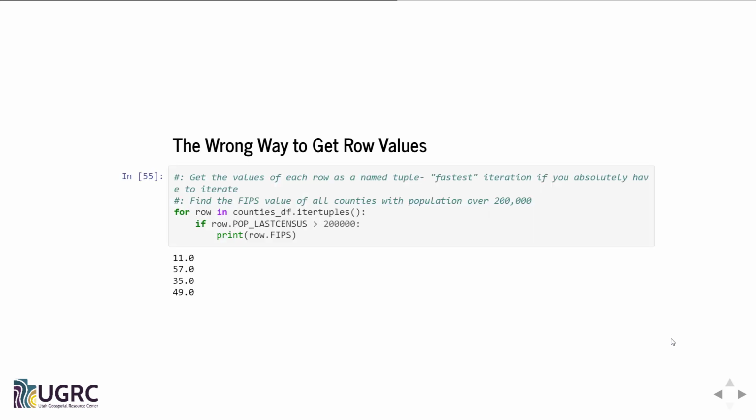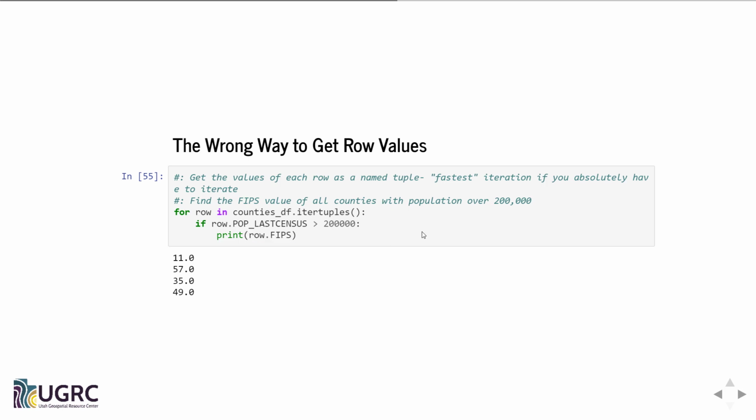So if you absolutely have to do that, you can use .itertuples, which will return a tuple for every row. It's actually a named tuple, and then you can access the columns using .column name.